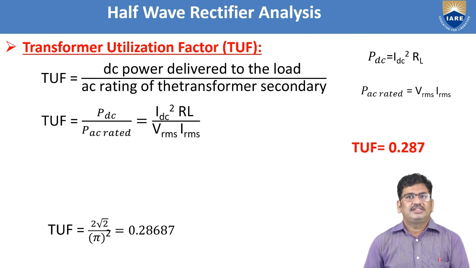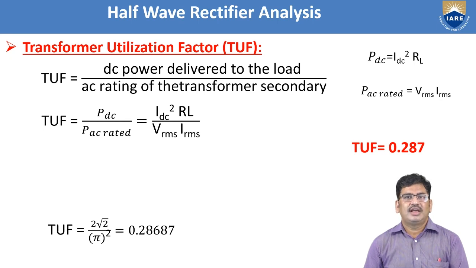The TUF is given as DC power delivered to the load, we can take as PDC, divided by, for transformer rating, PAC rated. The PDC expression is IDC square into RL, whereas PAC rated is given as VRMS into IRMS. The VRMS in PAC rated is calculated with respect to the input voltage but not with respect to the output voltage.